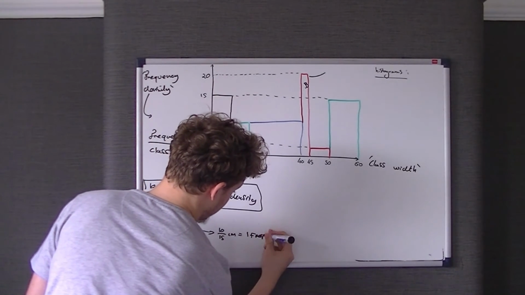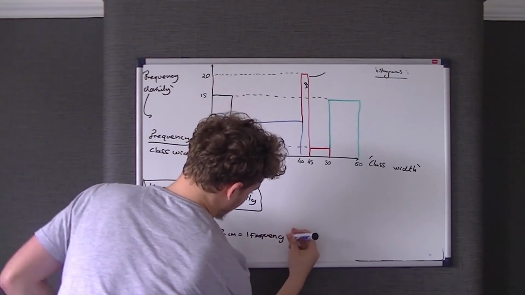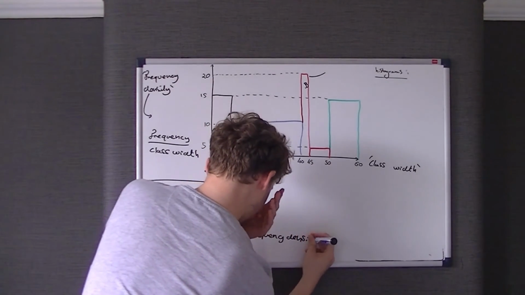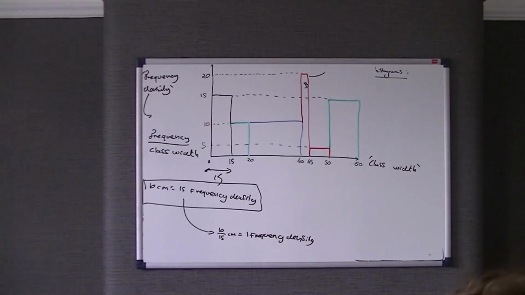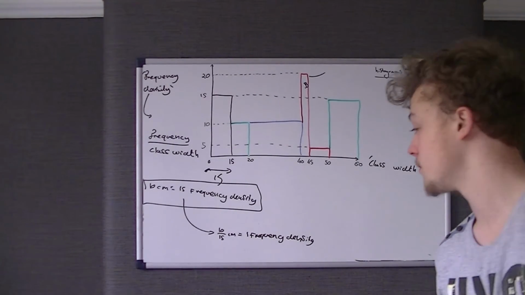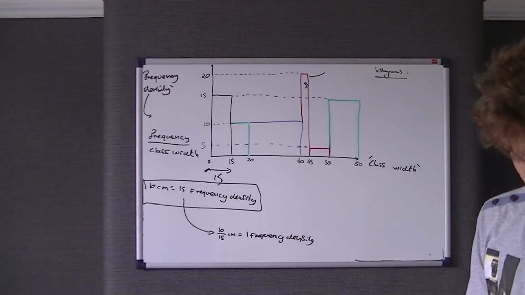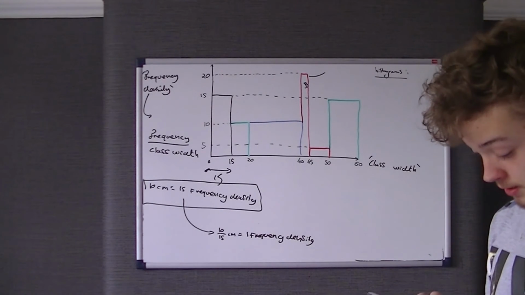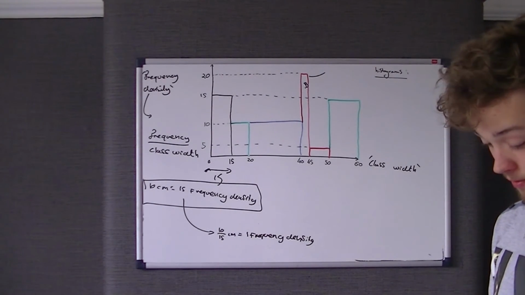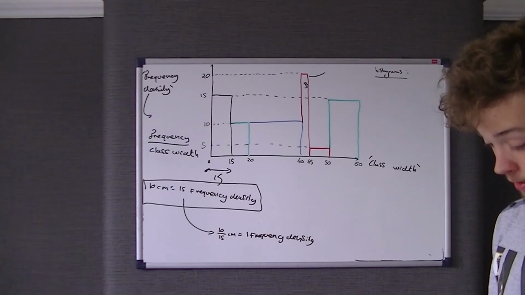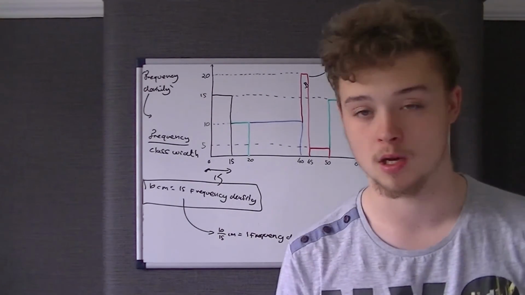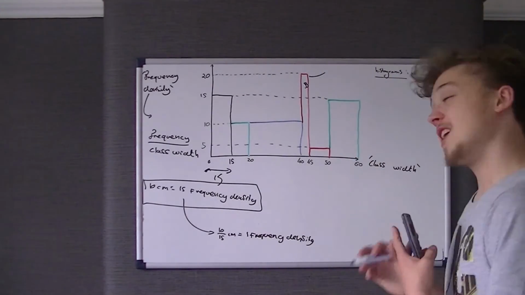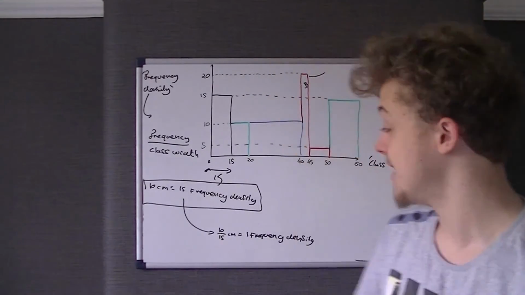Obviously, you could cancel that down to 2/3. So 10 over 15 is 2/3, or 0.6667 centimetres. So we know that's how tall one frequency density is.